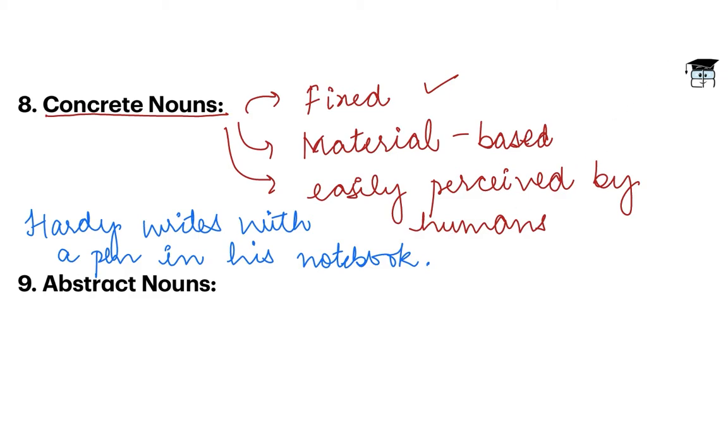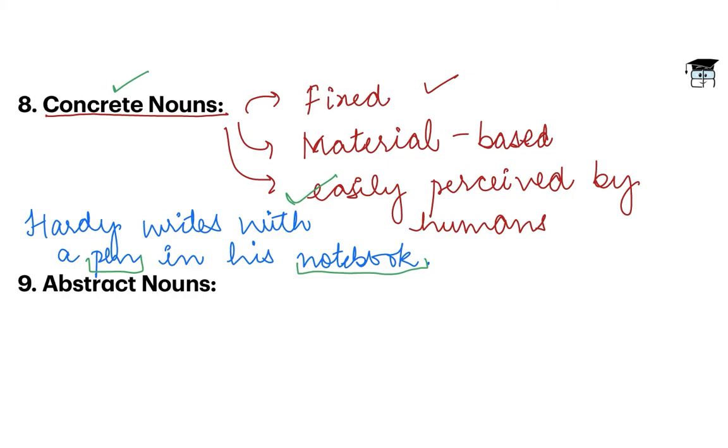Now, in this statement, words like pen and notebook are easily perceived by human beings, right? You can easily understand the meaning of the words pen and notebook. So these nouns are what? These are concrete nouns because they have fixed boundaries. They have a clear vision in the human mind.